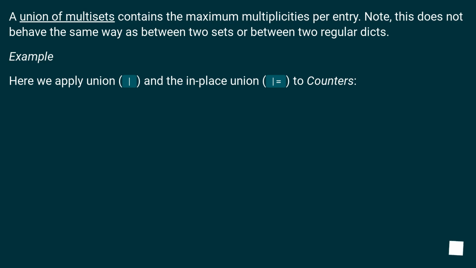Note, this does not behave the same way as between two sets or between two regular dicts. Example: here we apply union, vertical bar, and the in-place union, vertical bar equals, to counters.